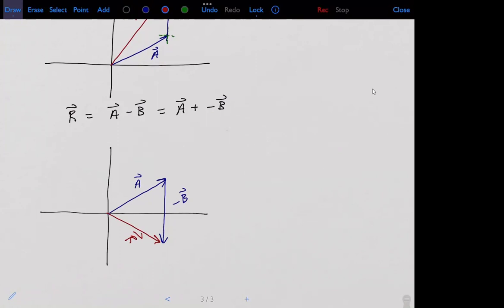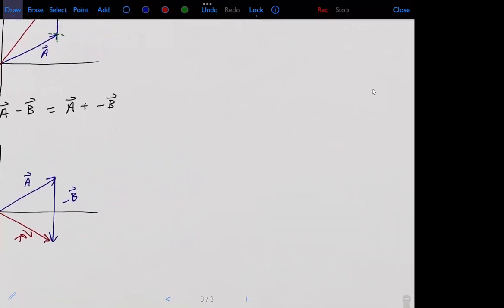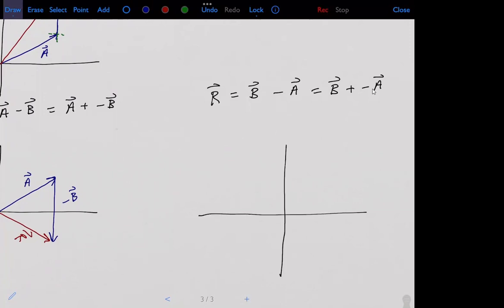And then finally, if I want B minus A, I'll do over here. That's the same thing as B. I start with B and I add the opposite of A. So if I sketch this out, I'm going to start with B, which is straight up like this.